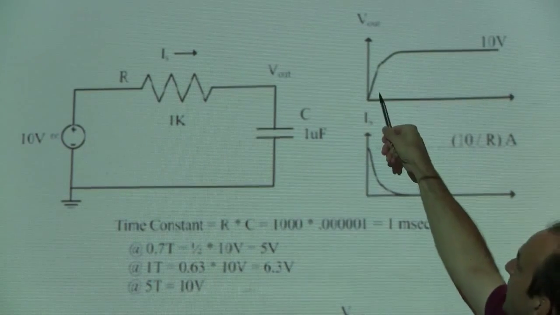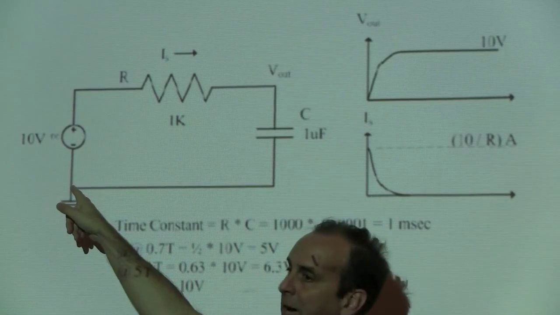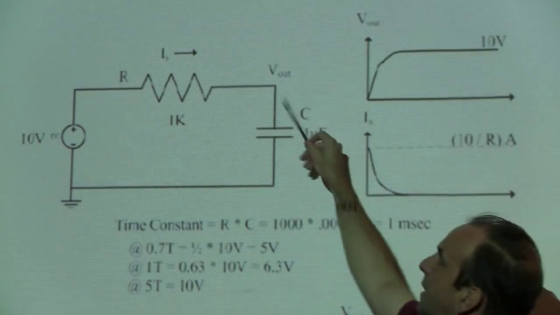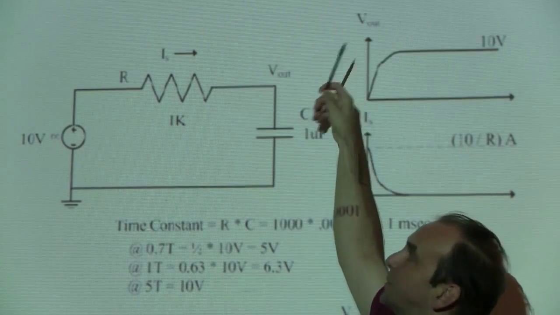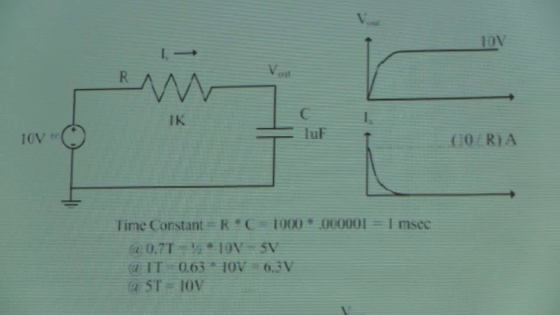But what is the voltage doing? I turn this on instantaneously because it's a magic power supply that's perfect. I would expect the voltage at the output to go from 0 to 10 volts instantaneously. Well, obviously it doesn't do that.